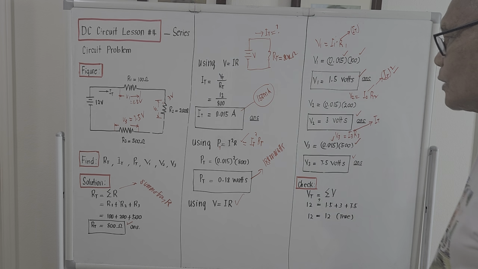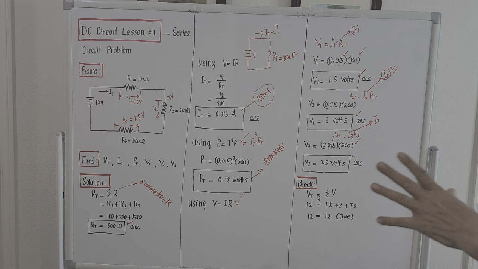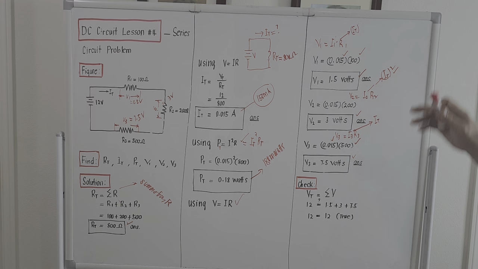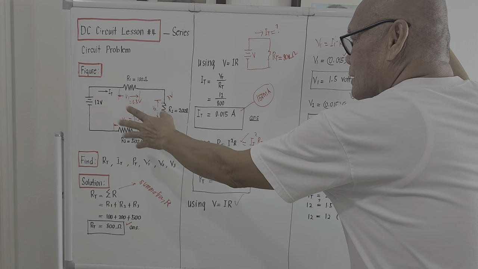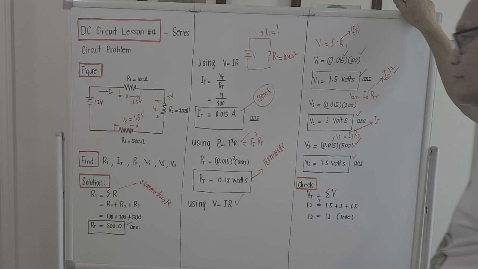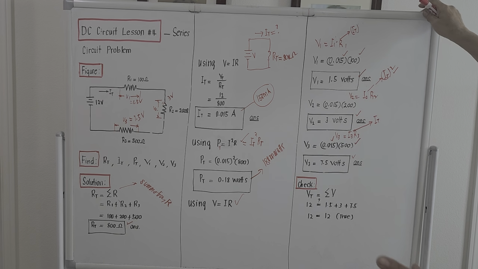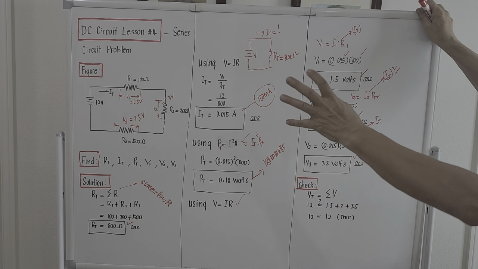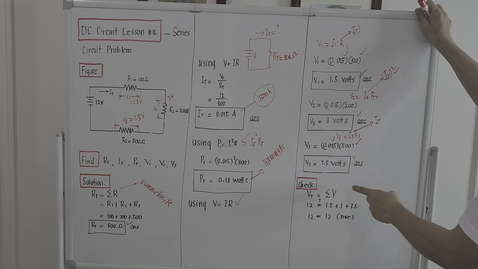I think the requirement V sub 1, V sub 2, and V sub 3 is just a check if the total voltage is actually equal to the summation of these three voltages here. So as a check to the validity of our answer, this will be our answers, right? 1.5, 3, and 7.5. And as you check, for a series connection, the total voltage across the circuit is just the summation of the individual voltages.